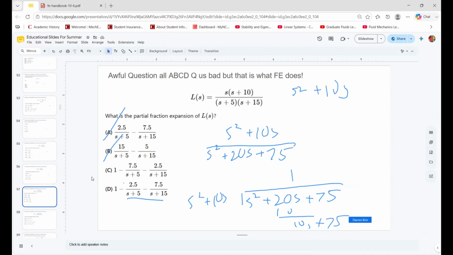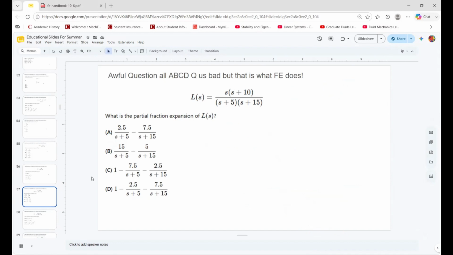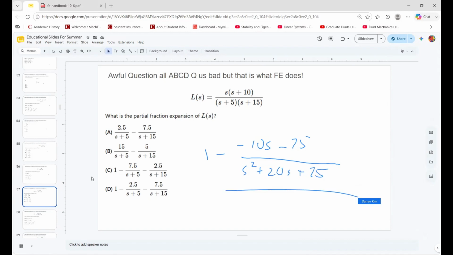So basically you have a minus this, so we're gonna have 1 minus 10s plus 75, I think. Minus 75 actually. Yeah, minus 75, and then again you have s squared plus 20s plus 75.